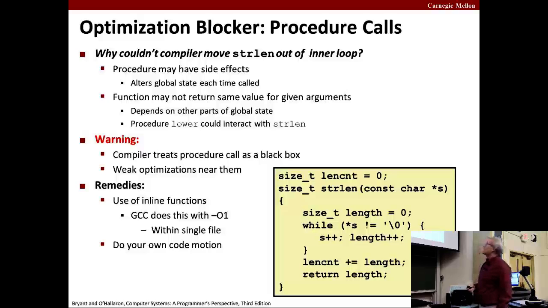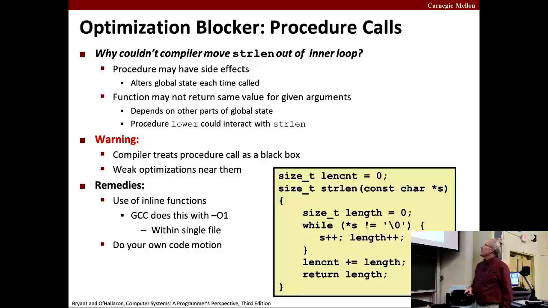So why couldn't a compiler figure this out? Why couldn't a smart compiler look at the original code and say, this is what the programmer wrote, but I know a better way to do it, I'll pre-compute strlen in advance? Well, there's a couple reasons.